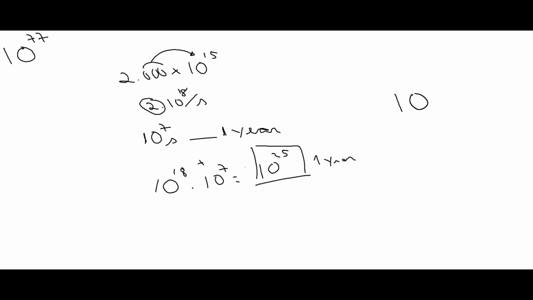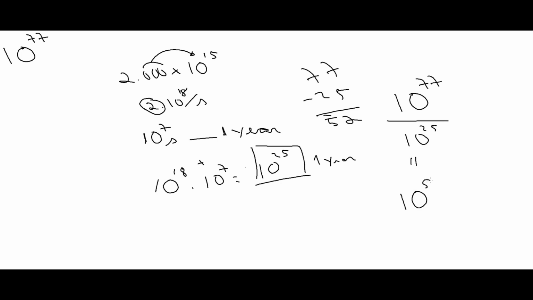Now we divide it. 10 up to 77 divided by 10 up to 25. We need to do the count: 77 minus 25 is 52. Now it's 10 up to 52.